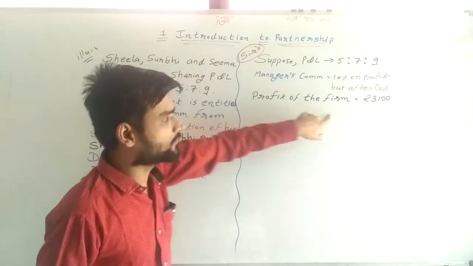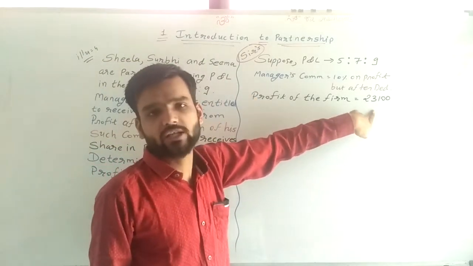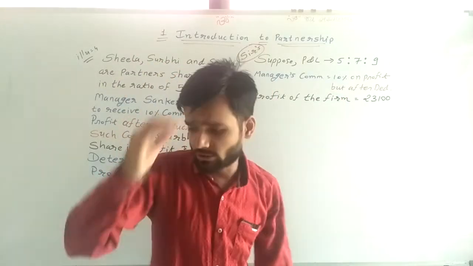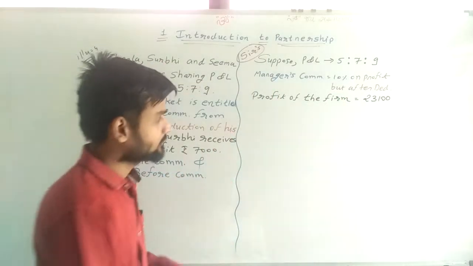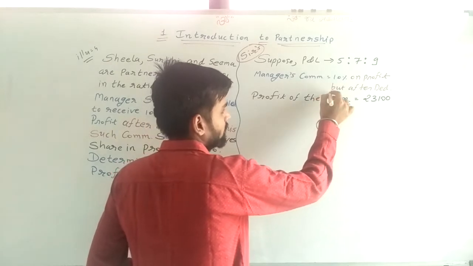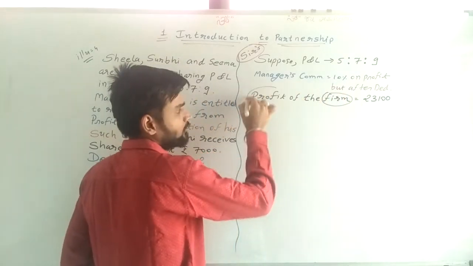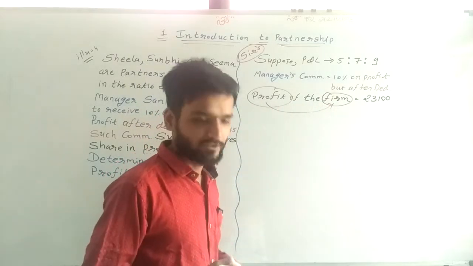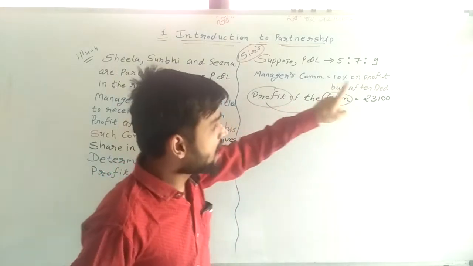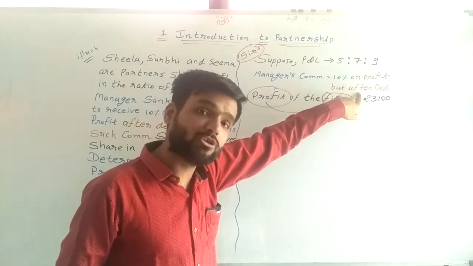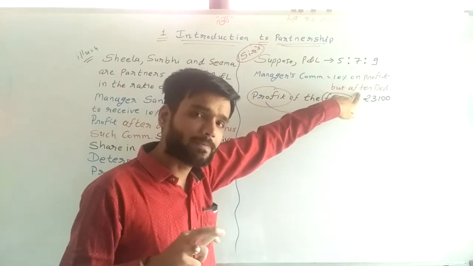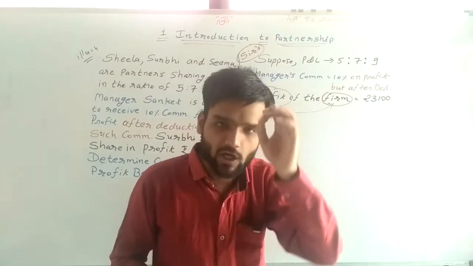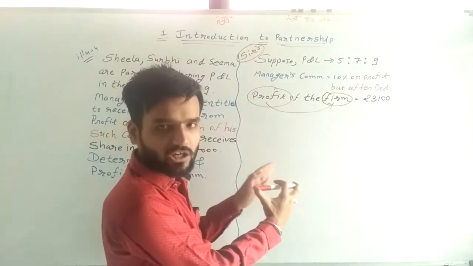Now here the profit of the firm is 23,100 rupees, already given to you. Profit of the firm is given and the percentage is after deduction of such commission, so use the first formula. First of all I am writing the formula here.